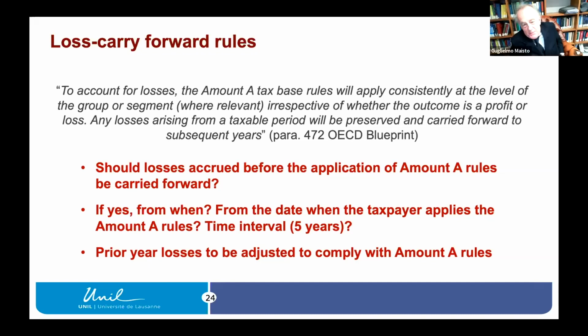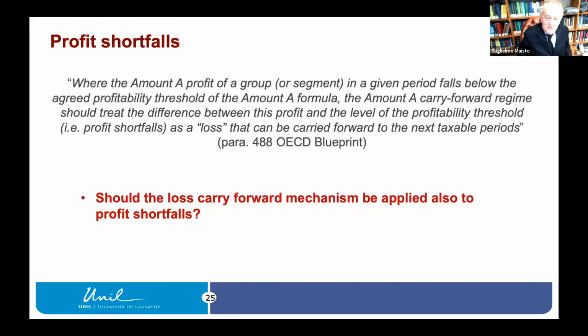A similar problem, and we can turn the slide, and here we are widening the scope of groups which may have an interest.